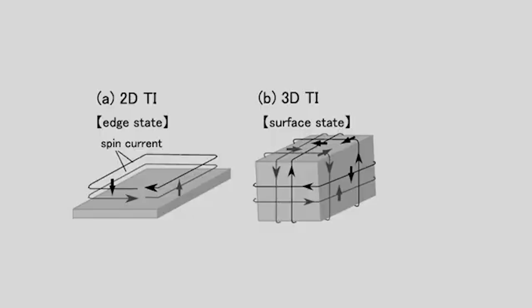Okay. So in 3 dimensions, we'll have surface states as shown here in the right picture, whereas in the 2D material we have these edge states which go around the edges of the sample, and we are particularly interested in the time reversal symmetric systems.